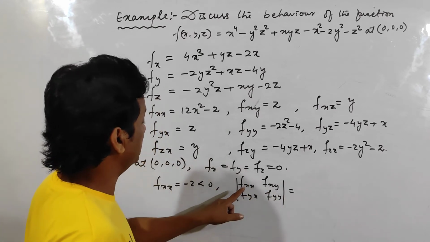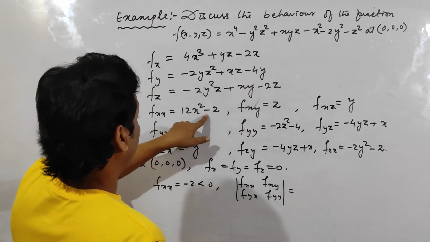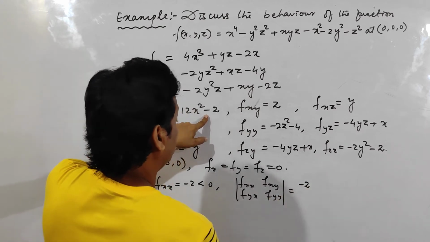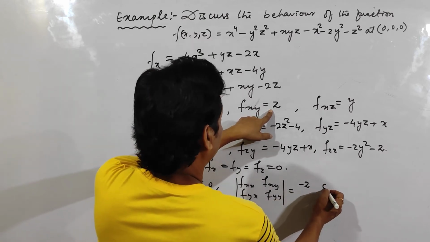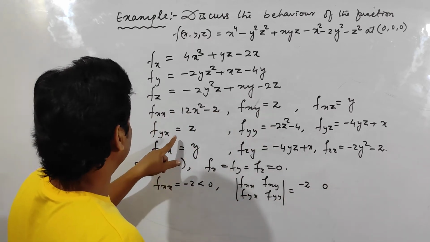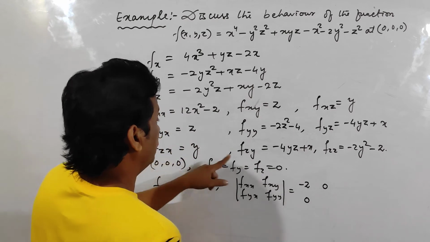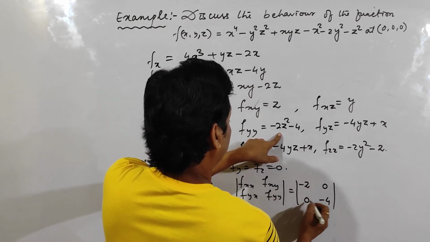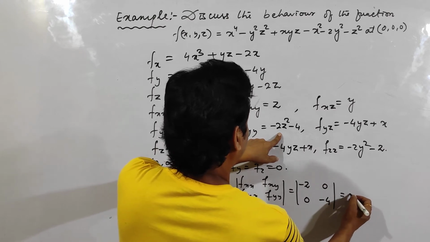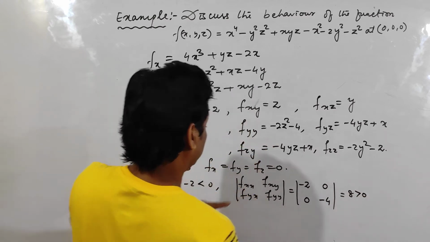What is the value? Let us see. Fxx minus 2, fxy, it is 0, fyx, it is also 0, fyy is minus 4. So it will be 8, positive.